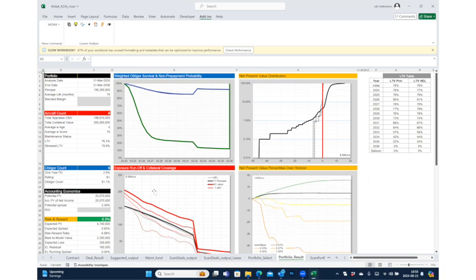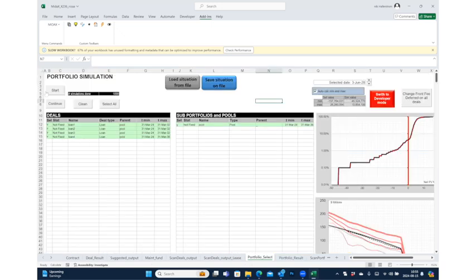Remember now that there's very few scenarios, only 1,000. So this is not a very precise number. But if I now run this portfolio with the cross, here, start. Let's see what happens.